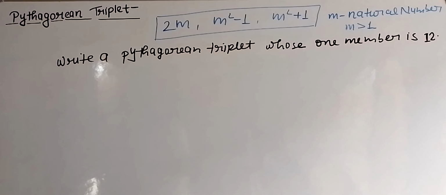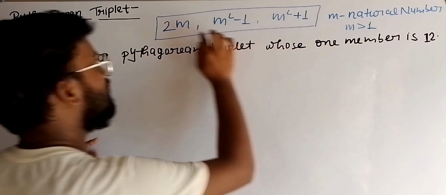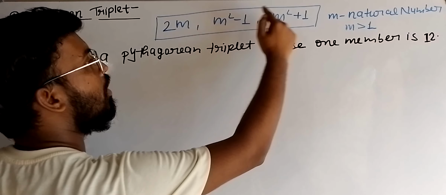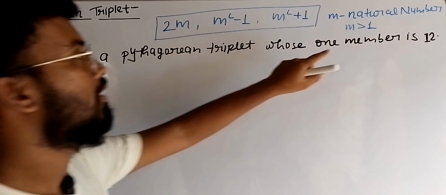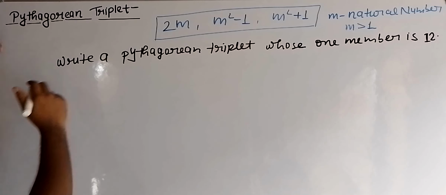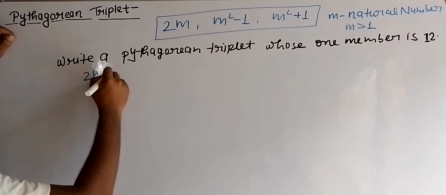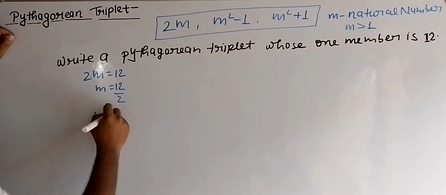Now in this question it is given to find a Pythagorean triplet in which one member is 12. So this 12 may be equal to this value, or this value, or that value. So we have to first check which value 12 will be equal to. Now if we take 2m equal to 12, then from here we are getting 12 by 2, so m will be 6.